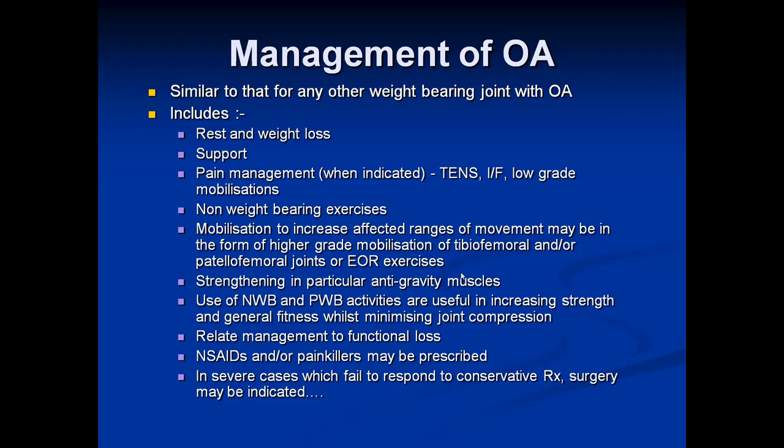The more emotional side of the support may come from family, friends and people helping them during a bad time with their OA. Pain management is usually indicated during, again, bad periods, and this may come from TENS machines, interferential, and also low-grade mobilisations are a very useful way of managing the joint arthropathy.